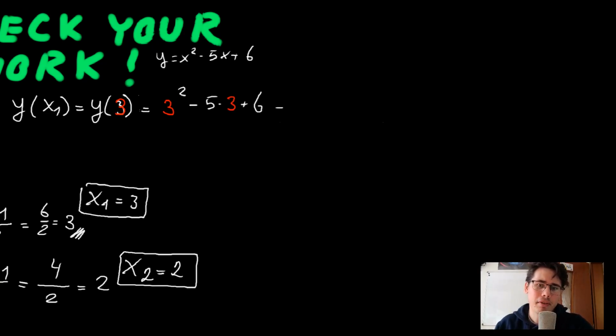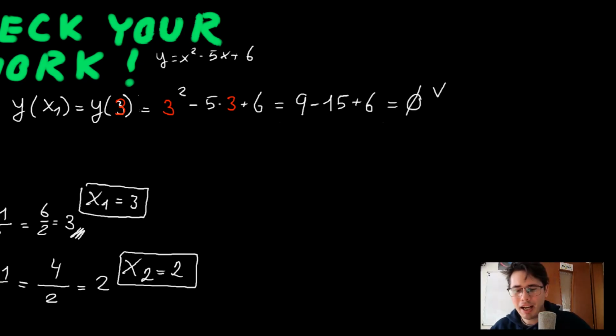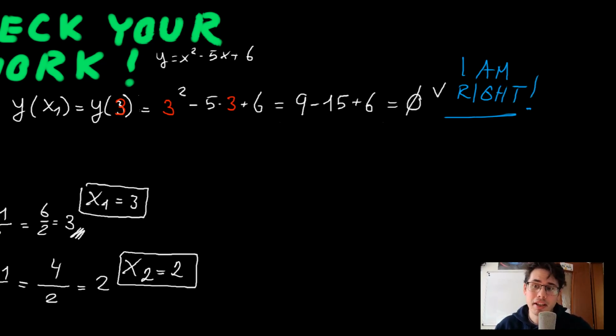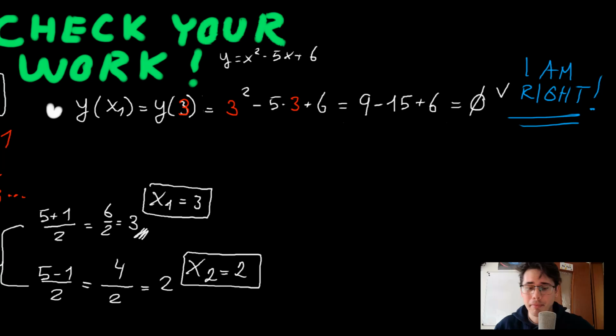What does that equate to? 3 squared is 9 minus 15 plus 6, and that is a beautiful 0, which means I am right. That's the beauty of mathematics, that you can be really 100% correct in something.